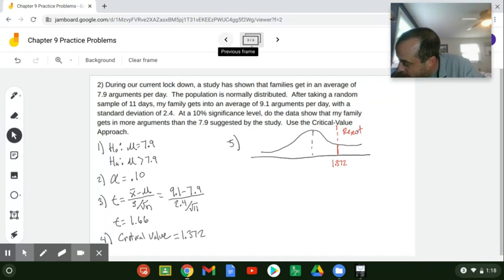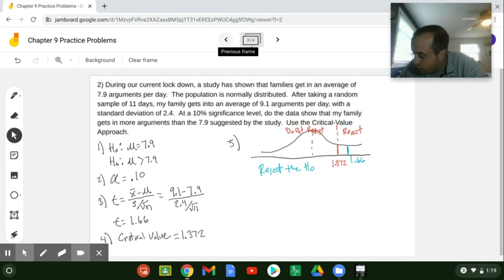Anything below that value, do not reject. My test statistic, my t-score, was 1.66. So clearly it's above that value, so I'm going to reject the null hypothesis.